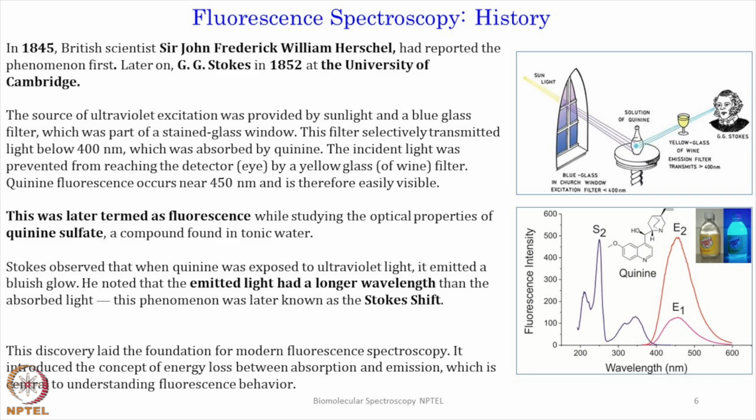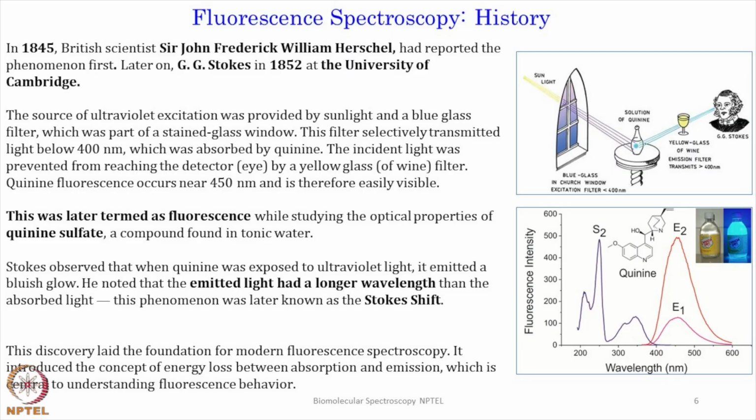So the UV or blue light was shining on the quinine as the incident light, and it was prevented from reaching the detector, that is the eye, by a yellow glass of wine. You can think of the experiment: sunlight already there, a blue filter, quinine dye, and then a glass of wine as the filter. Quinine fluorescence occurred at 450 and that was easily visible. So that is the experiment that he did.